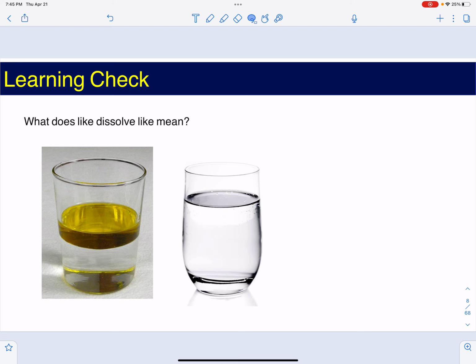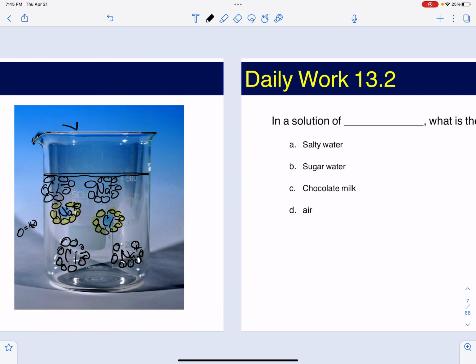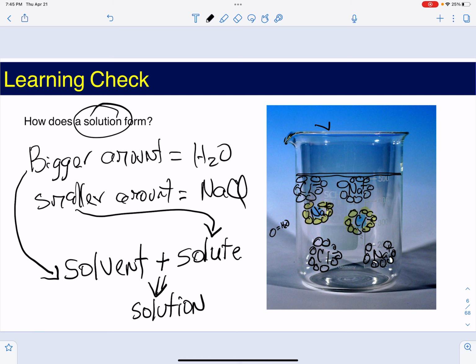So the question is, what does "like dissolves like" mean? What that means is what we just saw here. We saw that the NaCl, which was plus and negative, had to be dissolved with a polar molecule.